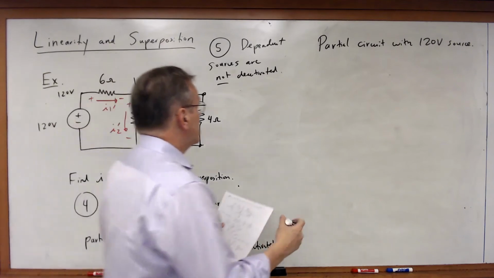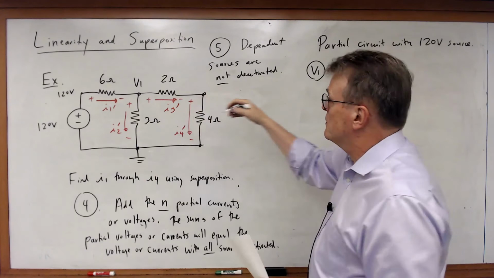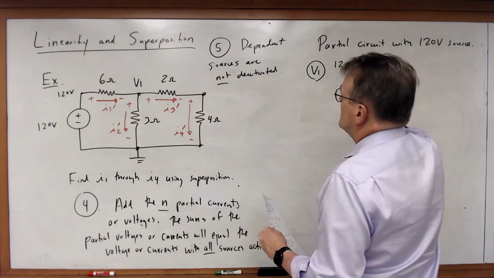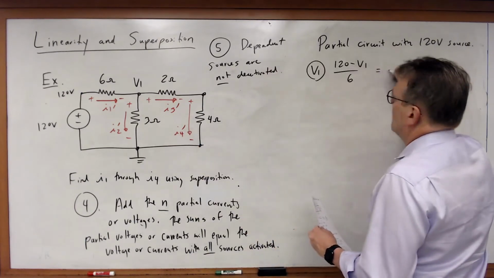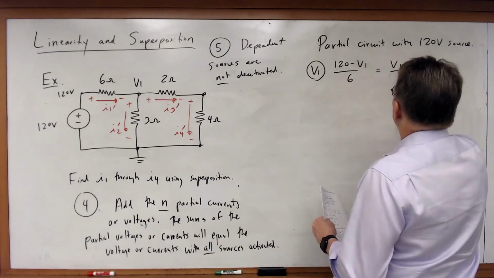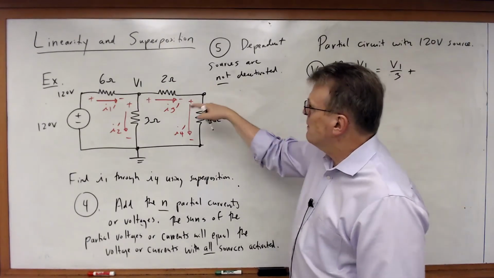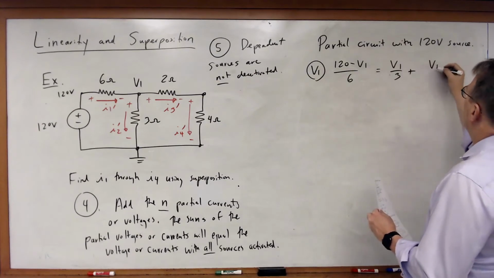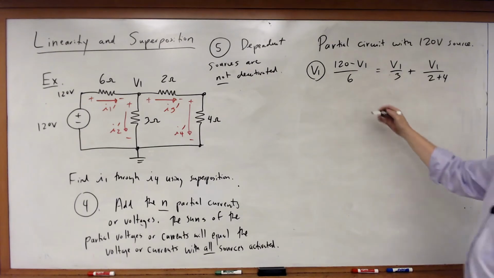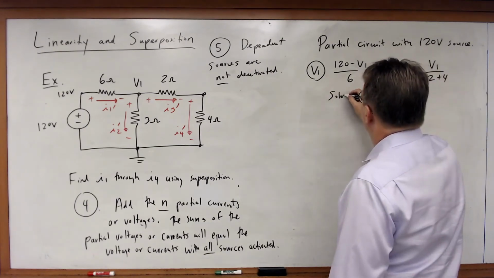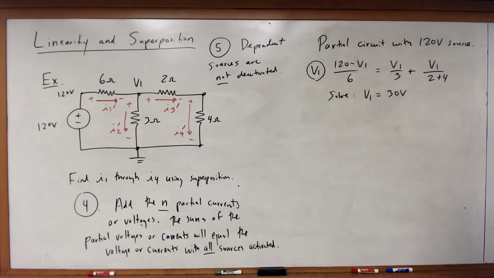And in this case, what I get is, for my V1 node, 120 minus V1 over 6 must be equal to V1 over 3 plus, I can add these two resistors together, V1 over 2 plus 4. And if I solve this, one equation, one unknown, what I'll get is that V1 is equal to 30 volts.